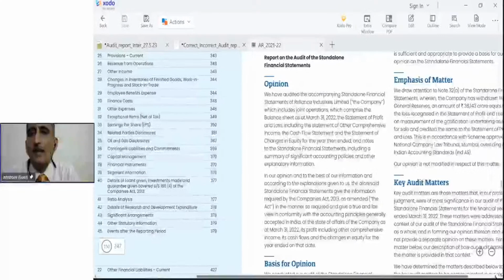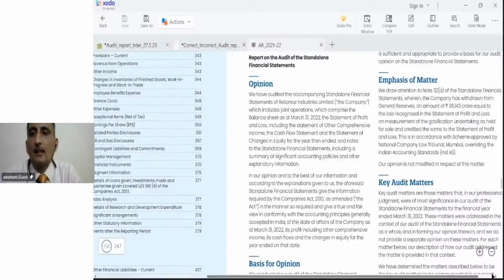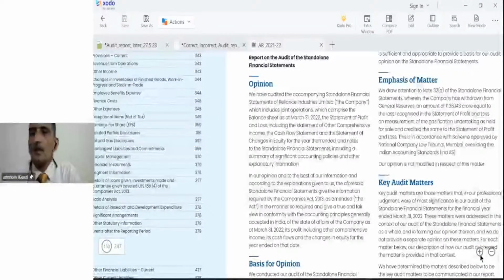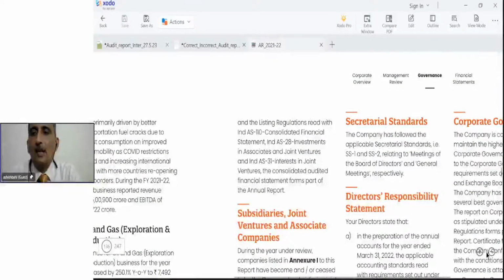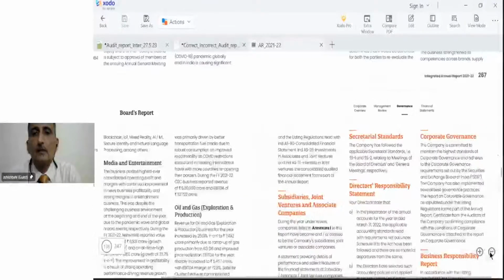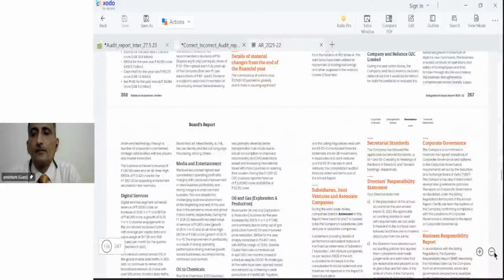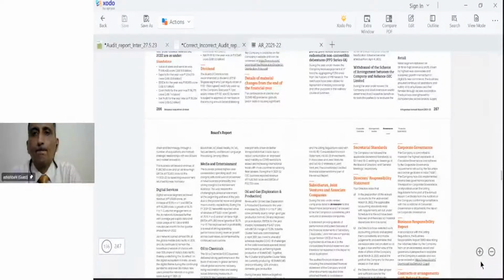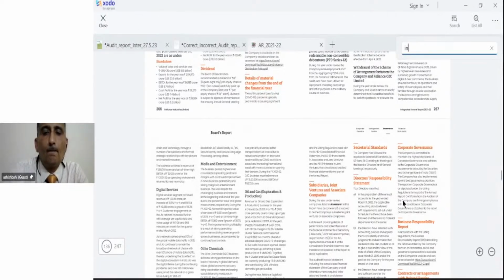The font is a little bit small, guys. You are able to see? Because if I enlarge it more, you would not be able to see the whole page. Just wait for a minute, guys.